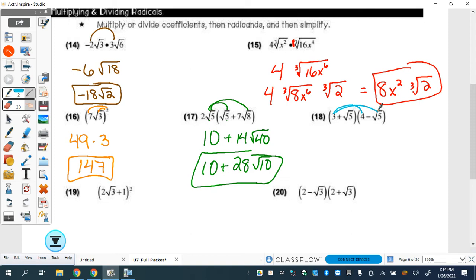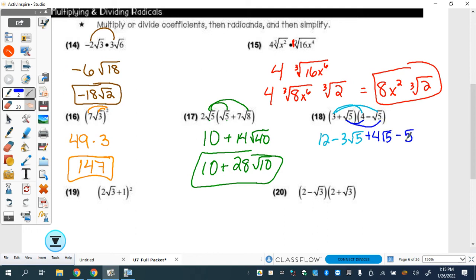Number 18, distributive property. So 3 times 4, 3 times negative square root of 5, square root of 5 times 4.